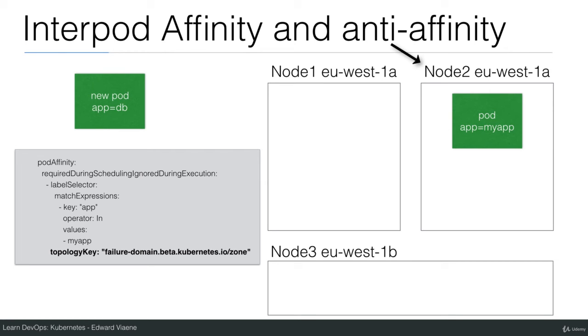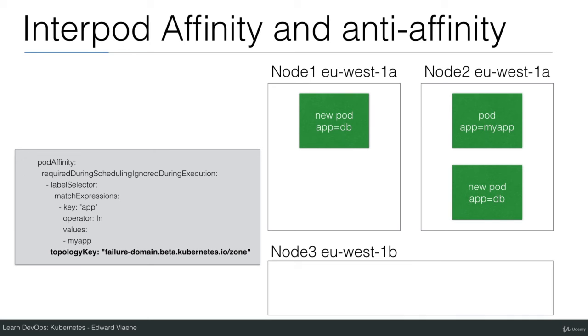Node 2 has as a zone EU West 1A. So the new pod is going to be scheduled either on node 1 or on node 2, but never on node 3. So if we have replication factor 2, then the chances are high that one gets scheduled on node 1 and one gets scheduled on node 2. So never on node 3. So this is a difference with the topology key.